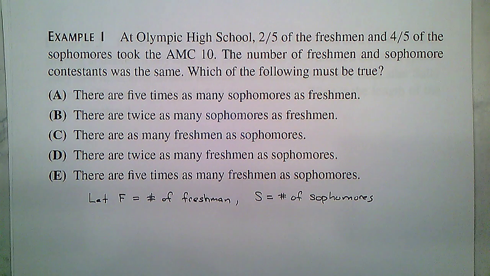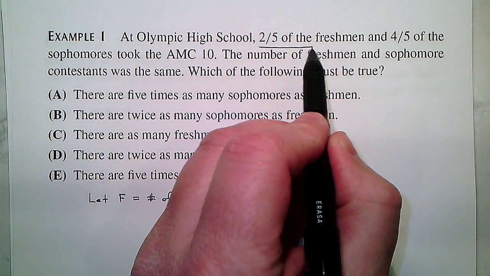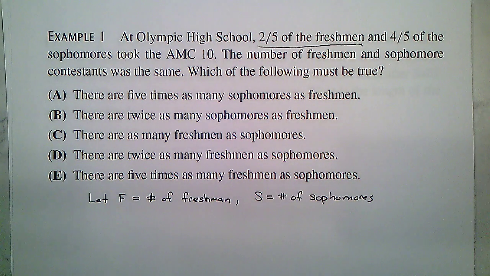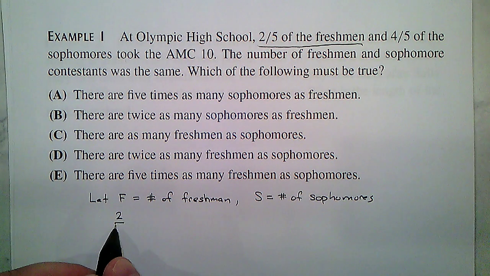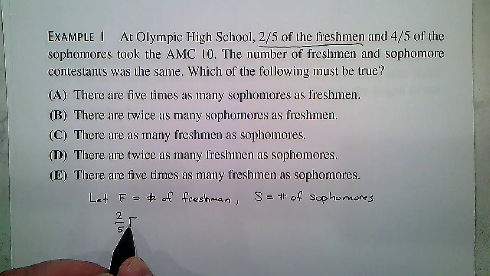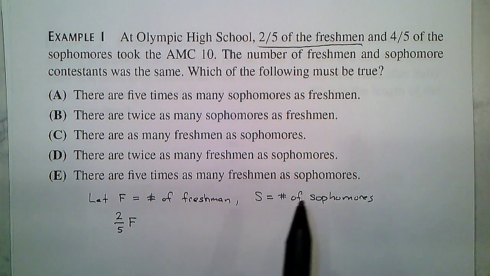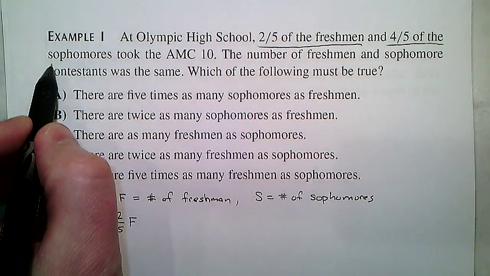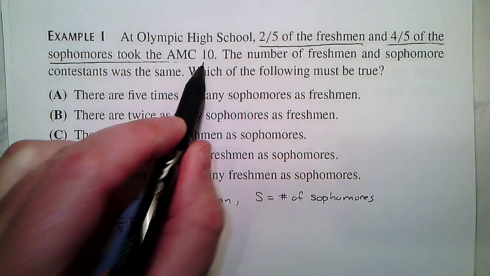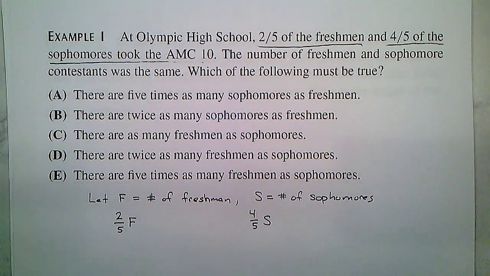Okay, so what do I know? 2/5 of the freshmen, so that would be 2/5 of F, took the AMC 10, and it says that 4/5 of the sophomores took the AMC 10. So that's 4/5 of S.